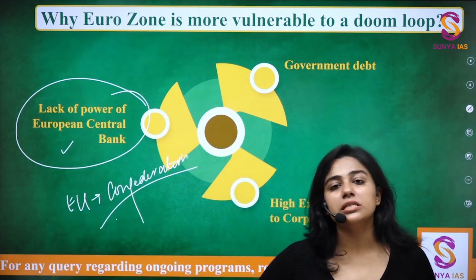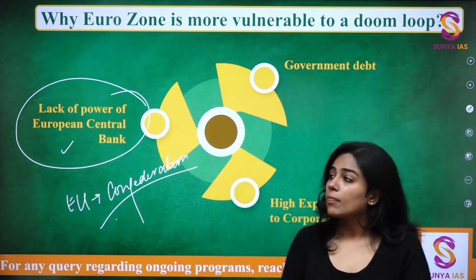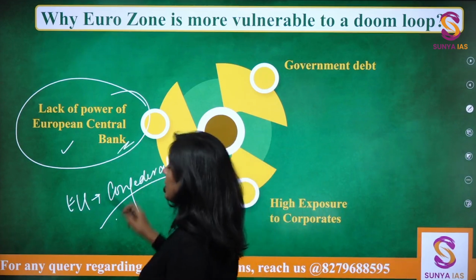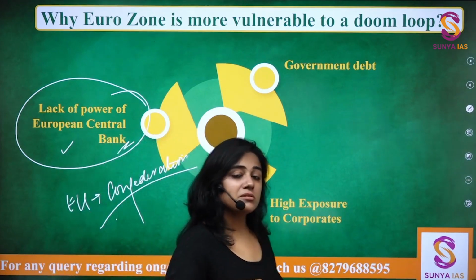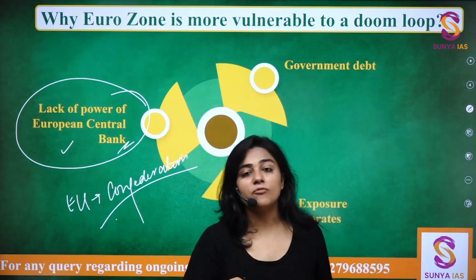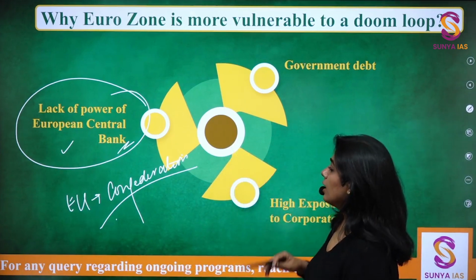They have not given up their sovereignty to the European Union, and that's why the European Central Bank will never have the kind of power that the US Federal Reserve has or that the Reserve Bank of India has. Are you understanding? That is the problem that they have.